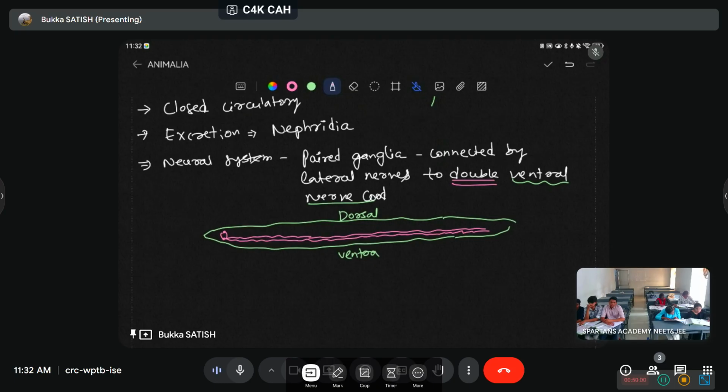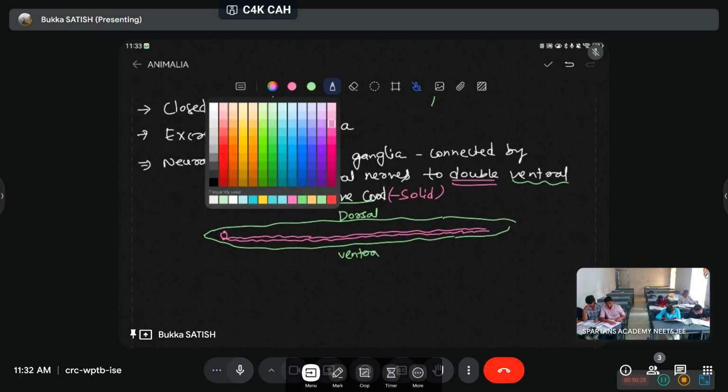In the comparison, once again I'll discuss, but just keep in mind this is something you'll see in other invertebrates also. Double ventral nerve cord, and it is solid. Whereas in the case of vertebrata, in Chordata, you will see a hollow one. Is it clear?